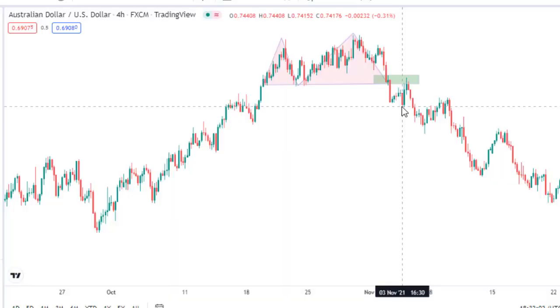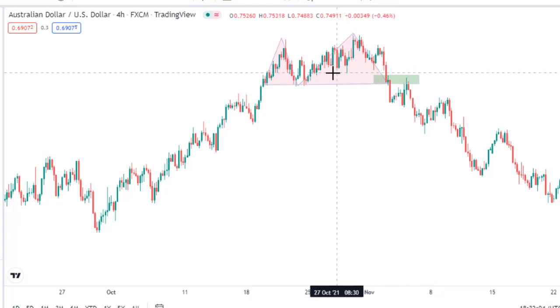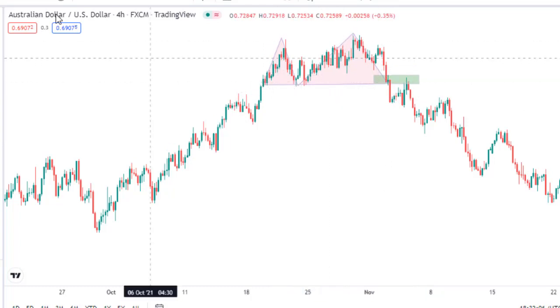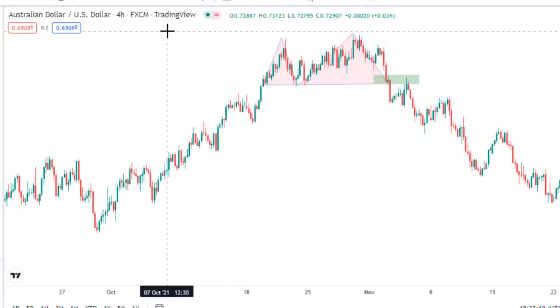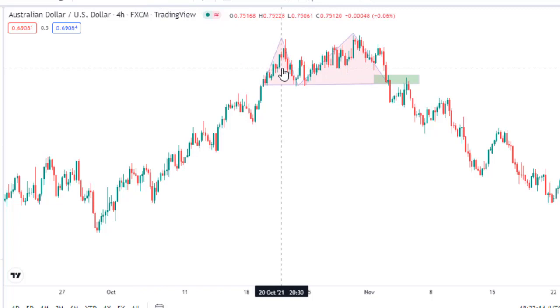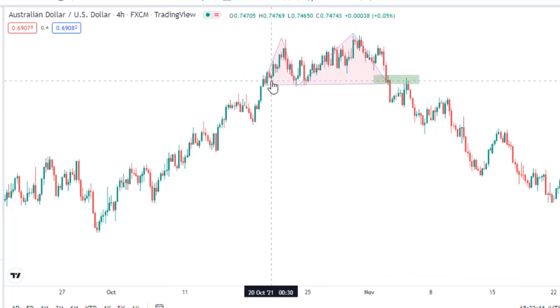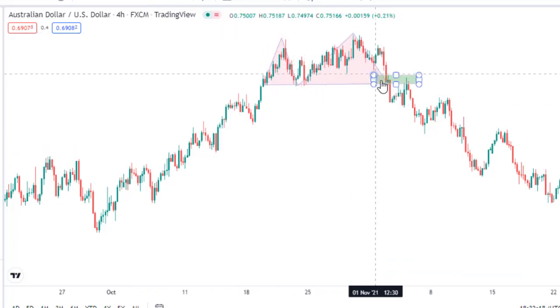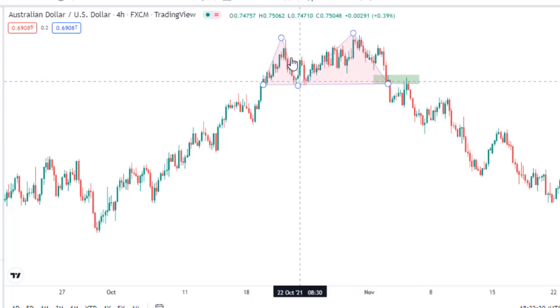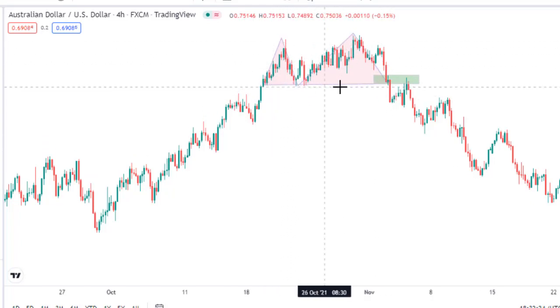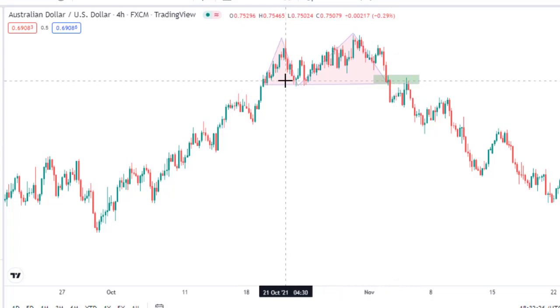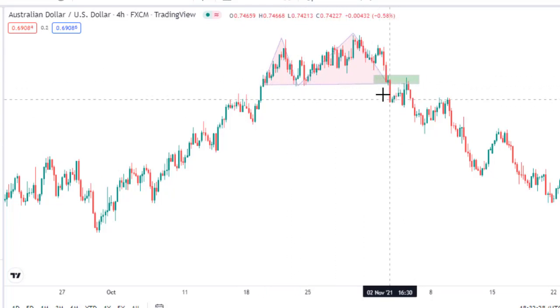Another example for a double top. We check USD, and we are in the 4 hourly time frame. Okay, you can see price forms a very ugly double top and breaks down the neckline here with this candle.